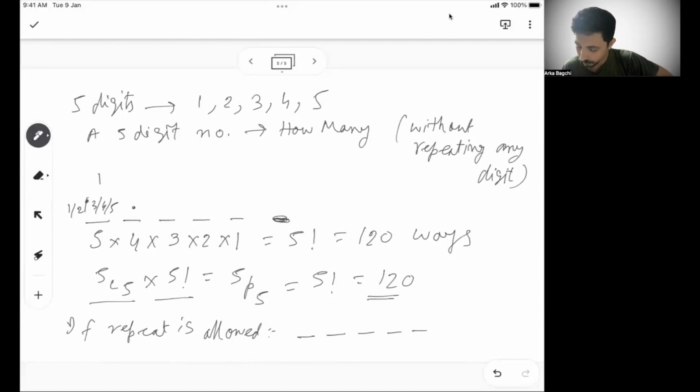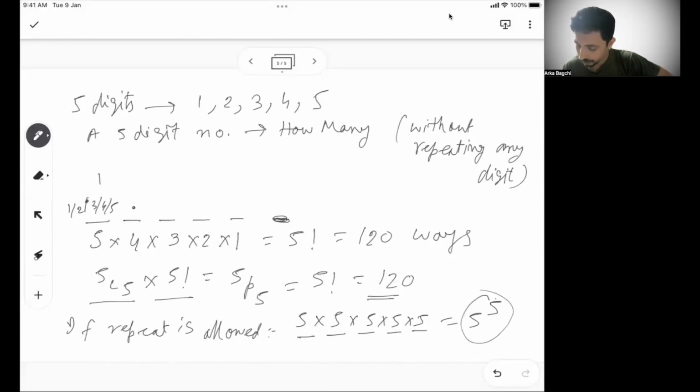In this place you can choose any of the 5 numbers. This place also you can choose any of the 5 numbers, because the condition that a number already chosen cannot be chosen again is gone. That's why 5, 4, 3, 2, 1 was coming earlier. You don't have that restriction anymore. So you can choose any of the 5 numbers for each of these places, and repeat. So this will become 5 to the power 5.